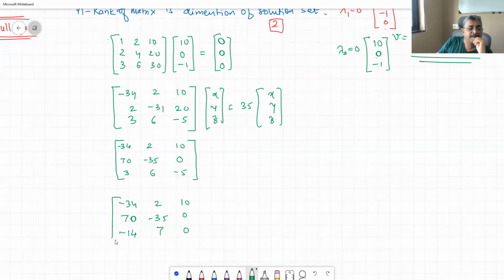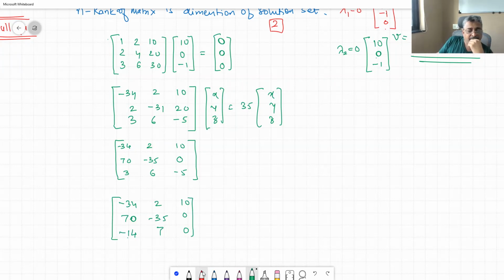Is that correct? Now you can see that these two entries are double of each other. This 70 is minus 2 times 35, and minus 14 is minus 2 times this.